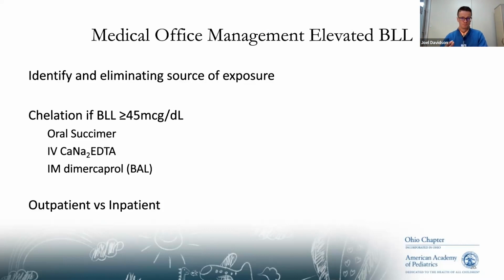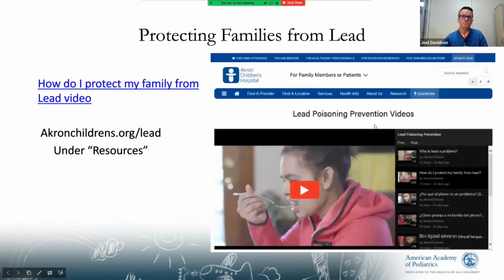At other levels, it really depends on the constellation of symptoms and the social situation. In those higher levels, we're also making a decision about whether we should admit that patient to the hospital. Do they need one medicine to help them eliminate the lead from their bodies, or do they need multiple medications? That all depends on the levels. And I don't want to focus on that too much.